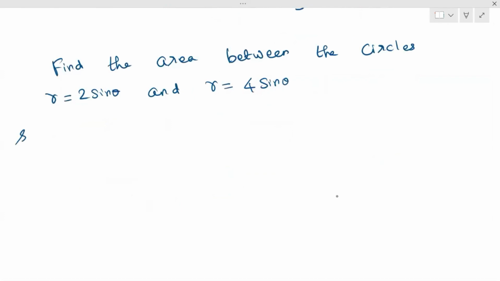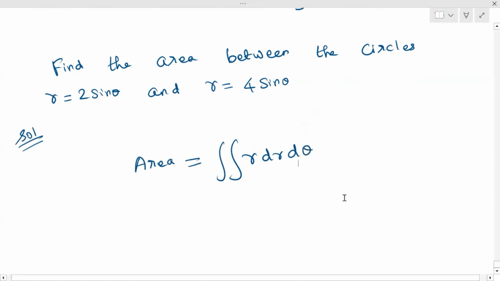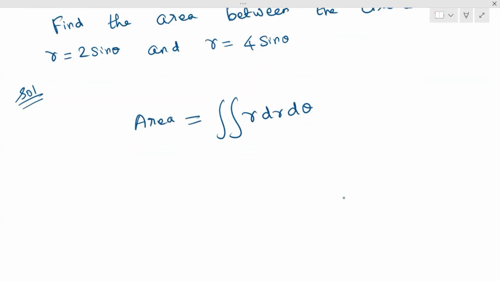So here they have given in the form of polar coordinates, r comma theta. So first we write the formula: area equal to double integral r into dr d theta. Okay, for r equal to 2 sin theta, we have to draw the diagram.